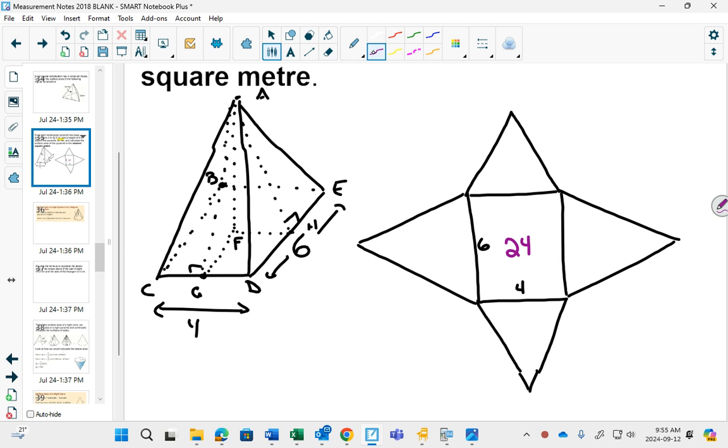So this is where I'm going to color code things. And if you have different colors, you might want to color code as well. Okay? On this one, this dotted line, I'm going to put up in blue. That blue dotted line then would show up on this net right there.